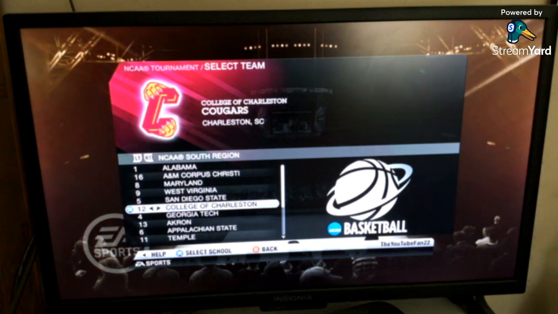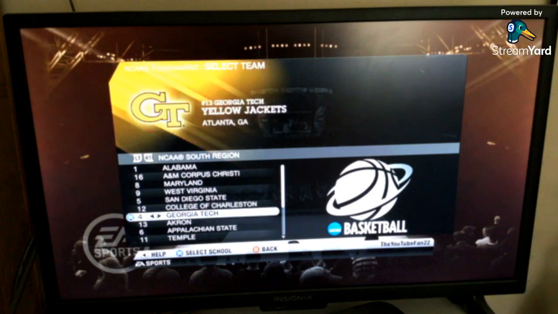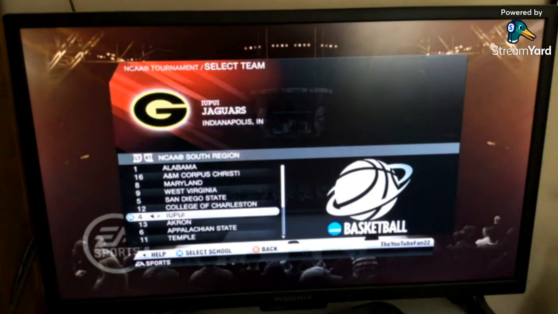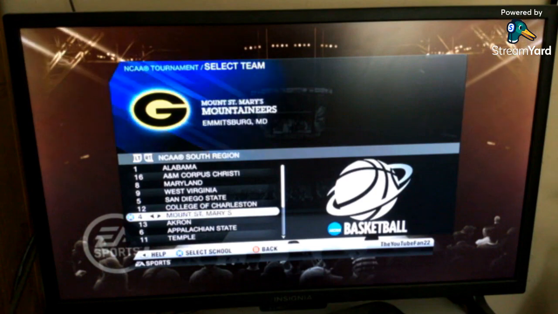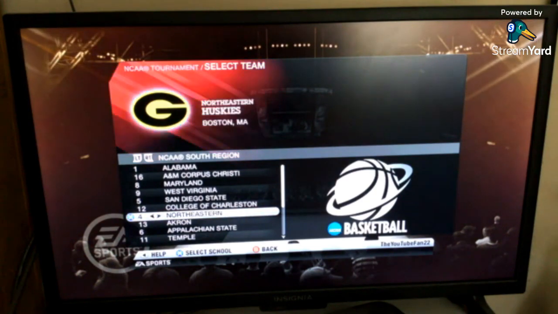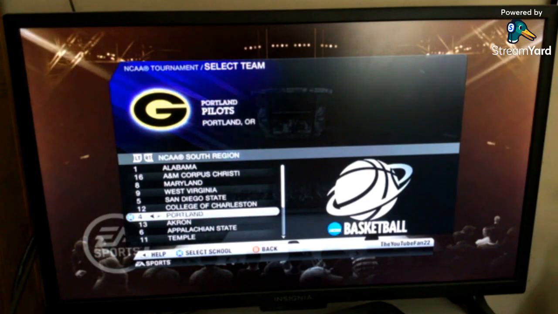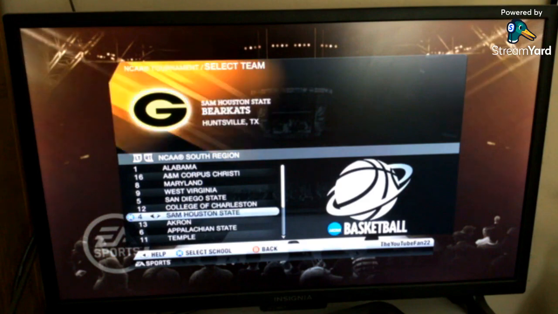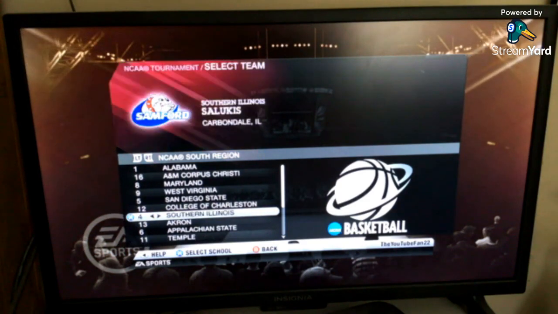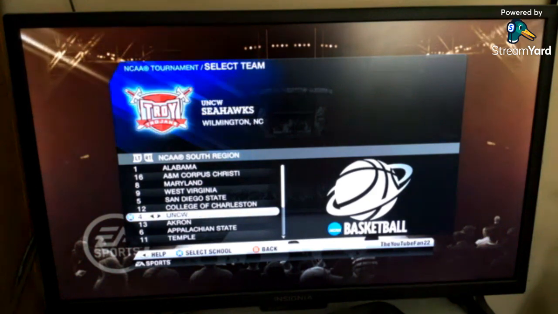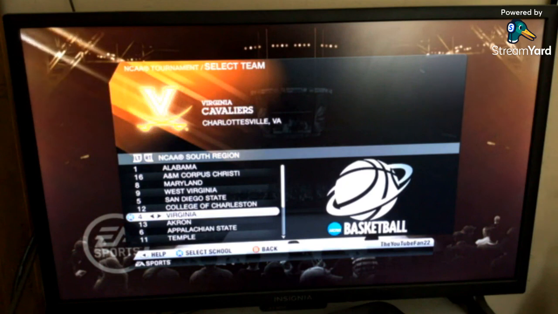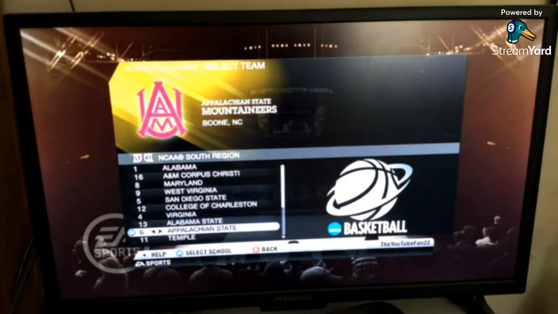Next up, number 4, Virginia. Number 13 is Furman. Oops.